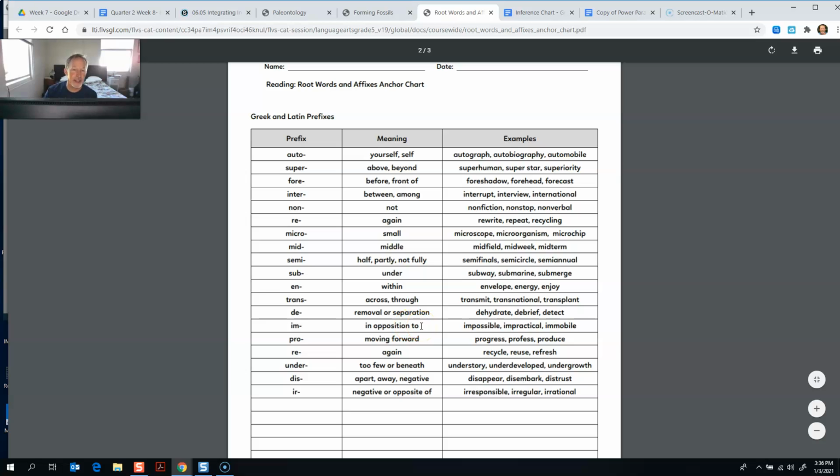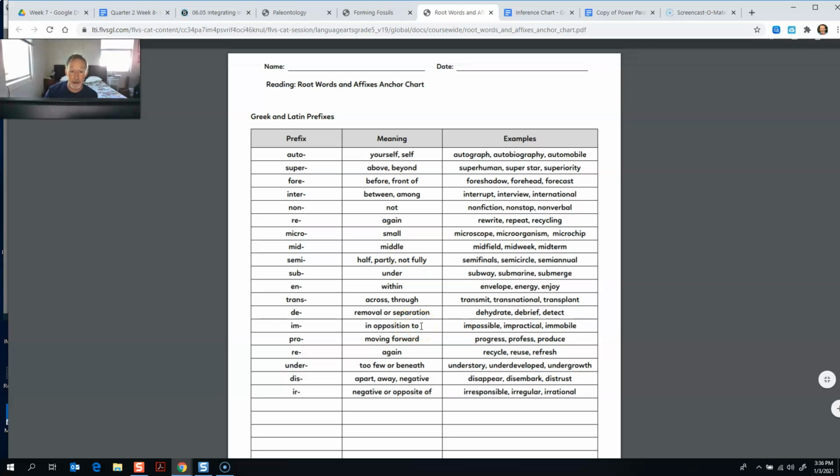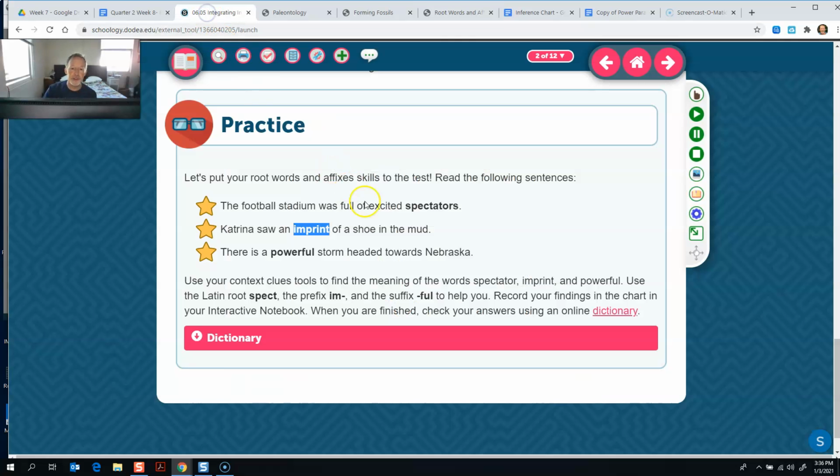Okay, so that means kind of against or the opposite of. All right, so if we look at this, an imprint of a shoe. Okay, so if the tread on your shoe has a bump on it for traction, it's going to leave the opposite. It's going to leave a hole in the mud, okay, or an impression in the mud.